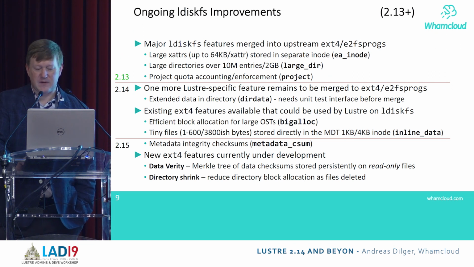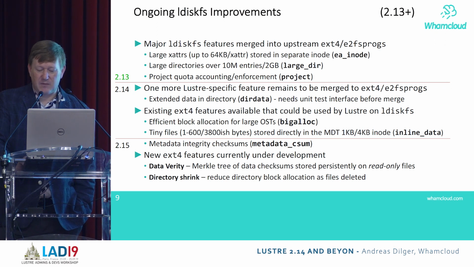There are some other features in ext4 that we haven't started using in Lustre yet, like bigalloc. It's supposed to make the block allocation more efficient. So far, our testing hasn't shown a lot of real-world improvement, but we're also trying to see what we can leverage from that feature.